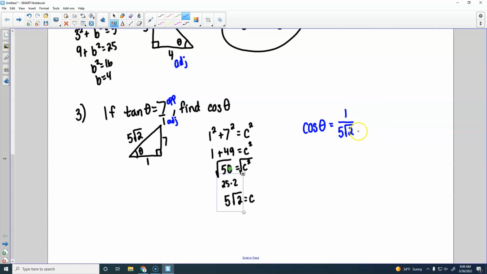Okay, you can use 5 square root of 2, but you only have to use the root, and it'll be much easier to break down. You won't have to simplify as much if you only use the root part. So let's just do the root 2, and so we will get square root of 2 over 5 times 2, and that will be square root of 2 over 10. And so that would be our answer for this problem.